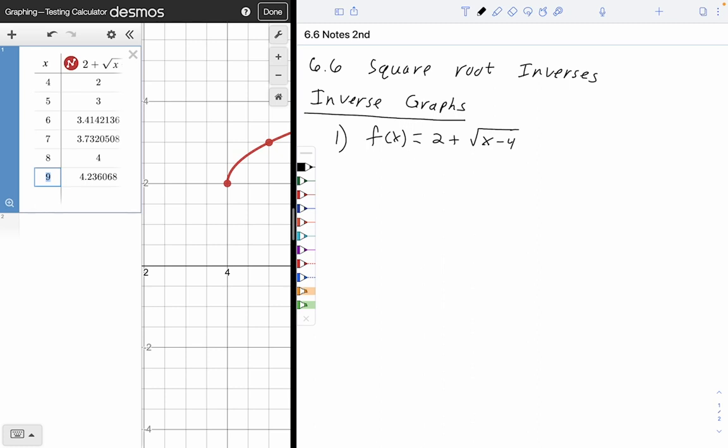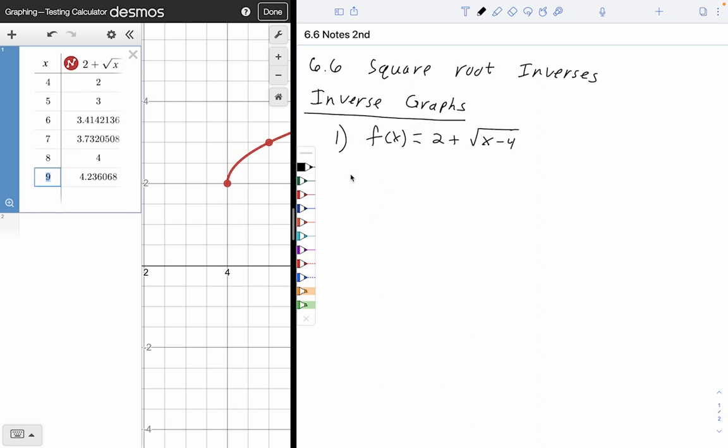Does anybody have any issues getting the table and finding some points using Desmos?